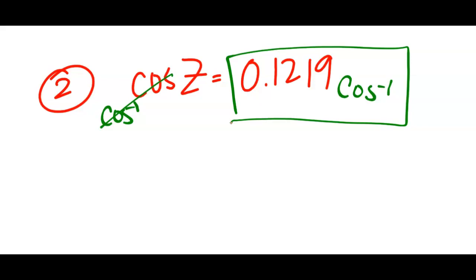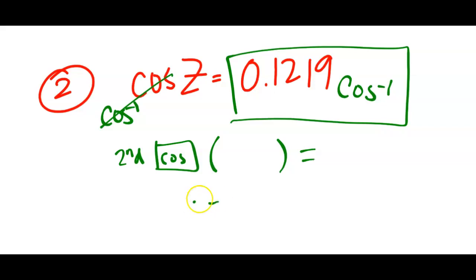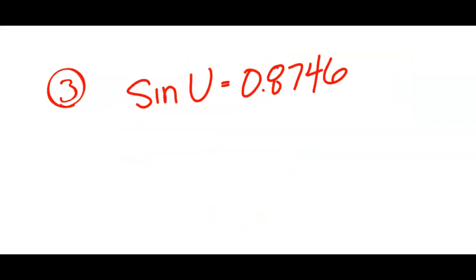So, second cosine, type in your decimal and hit equals. When you do that, what do you get? You get approximately 83 degrees. Yes? Well, I hope so. All right. This next example we'll do in class.